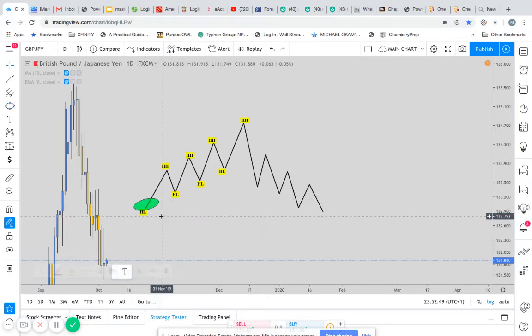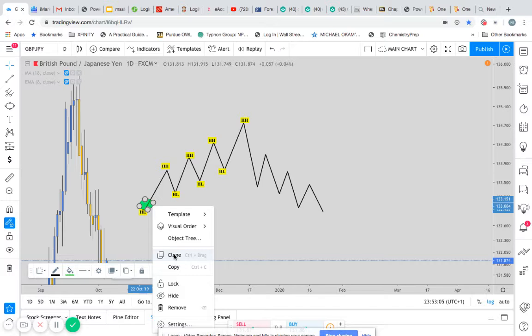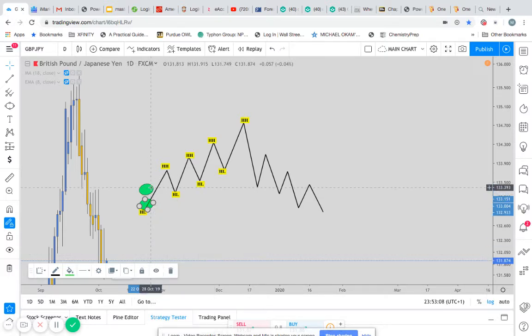It wouldn't make sense to buy at the high, guys, because if you buy at the high, you will be in drawdown. You will be in the negatives. So we like to buy at the high low. It makes sense. It's just common sense stuff, guys.